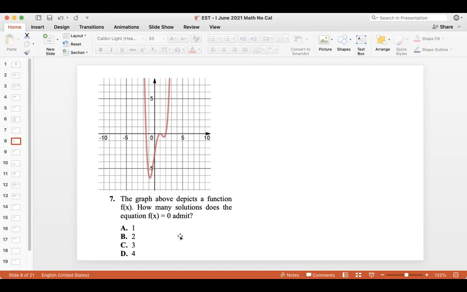I need to write the answers on a sheet because I need to grade them later. So let's do that.